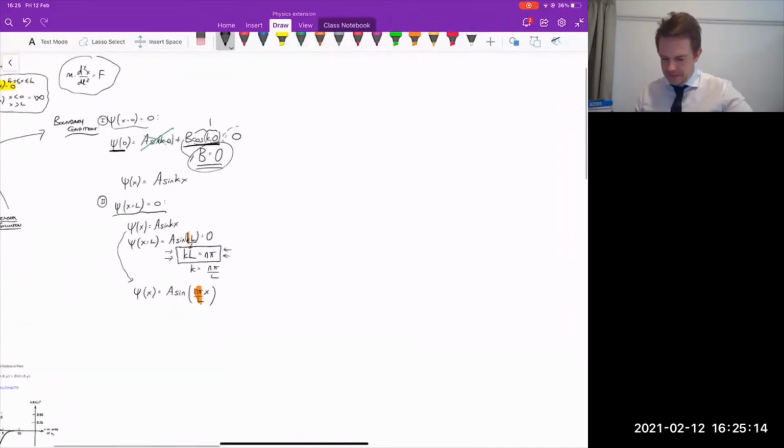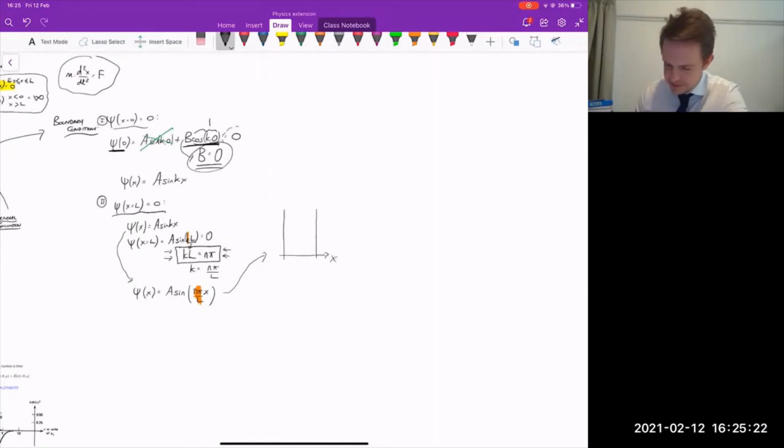Right. You know what? We can draw some of these. If this is position, for n equals 1, you actually get that. For n equals 2, if you went into Excel or whatever and plotted it, you get that. For n equals 3, you get this.